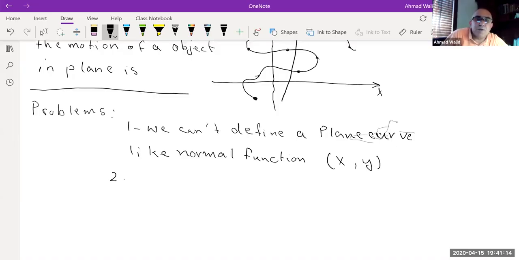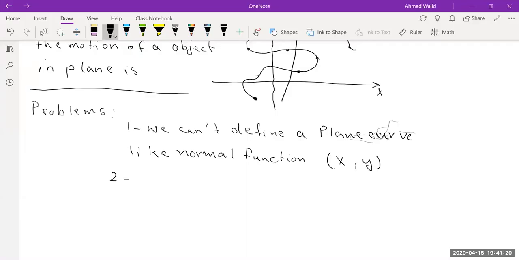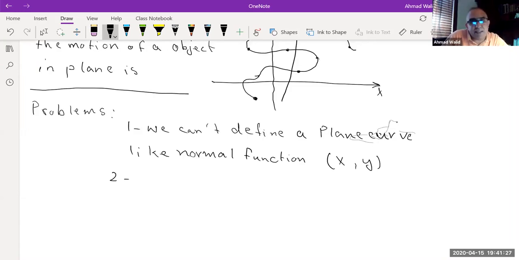Problem number 2. For many of them, you cannot say it's a function of x based on y or a function of y based on x. Look at this curve above. I don't know if it's a function of x on y or y on x.